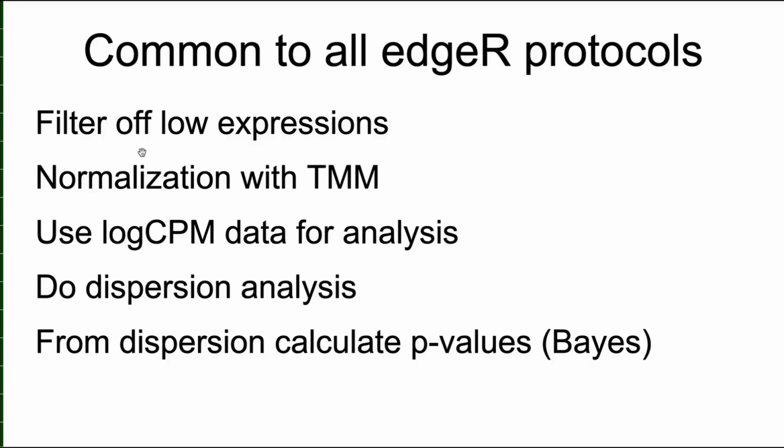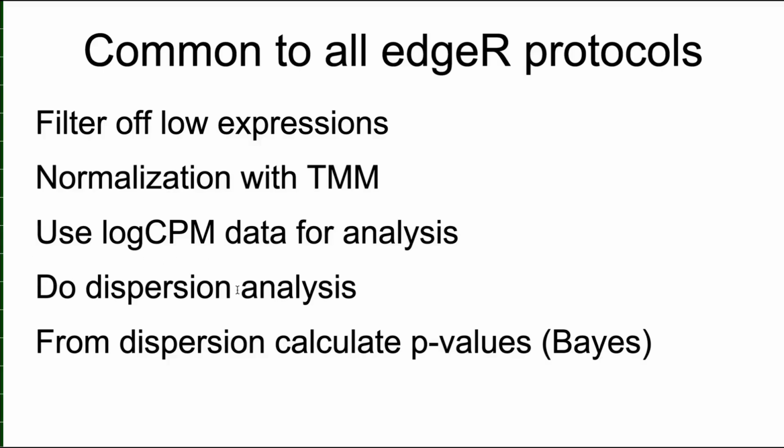There is no point of keeping them, and even more, it is dangerous to keep them around, because after normalization data are converted into log CPMs, counts per million, and logs of small values become very big negative values, which might be confusing and misleading, and therefore they must be filtered off to prevent this problem as well.